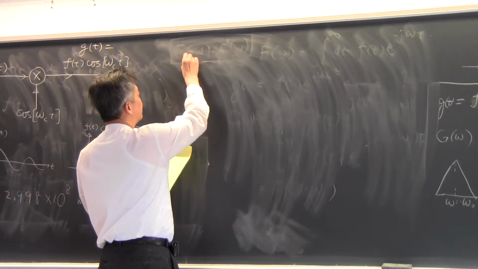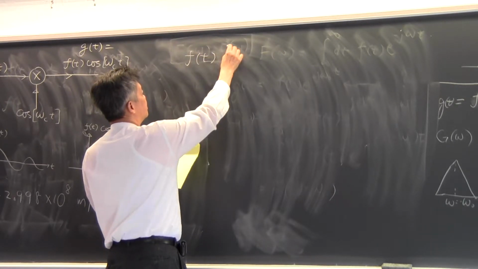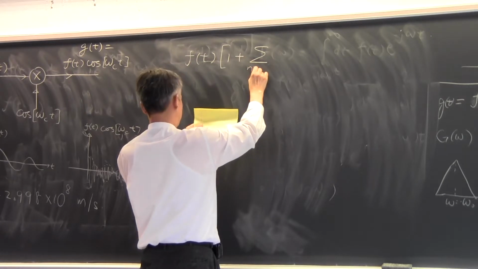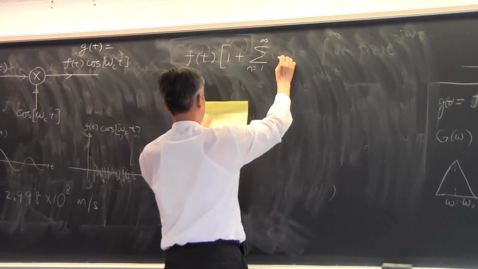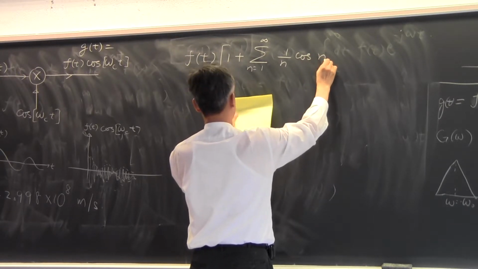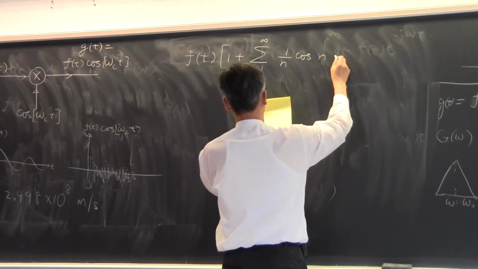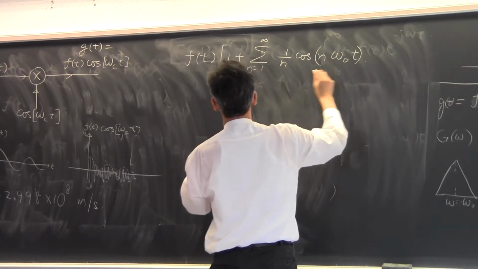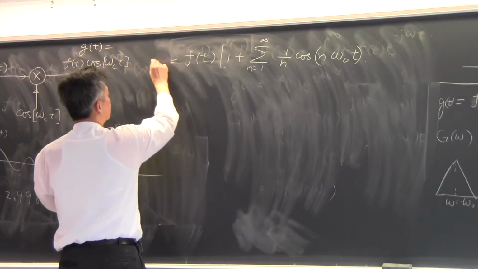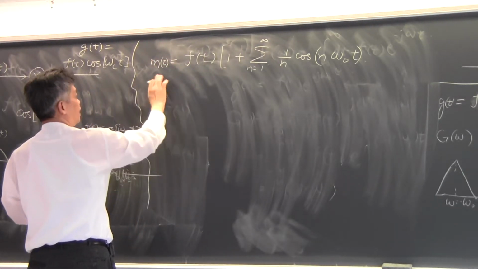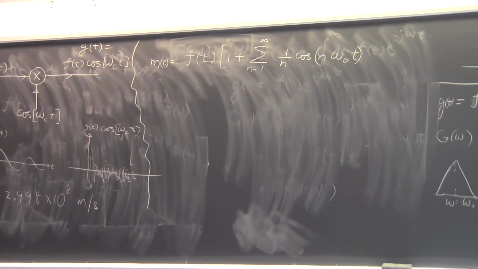It has an f of t, and then you modulate it by this strange function, the sum from n equals 1 to infinity of 1 over n cosine of n omega naught t. How does the spectrum of M look like? That's what it asks you to find.